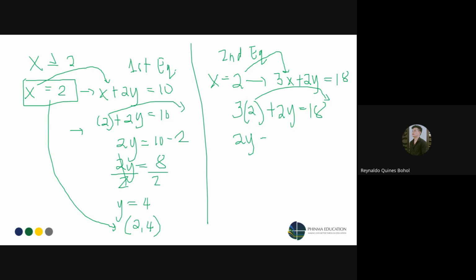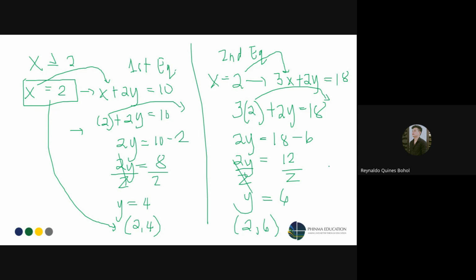So magiging 2y is equal to 18 minus 6. So magiging 2y is equal to 12. Divide natin sa 2. Then y will become 6. So the ordered pair of second equation is 2 and 6.